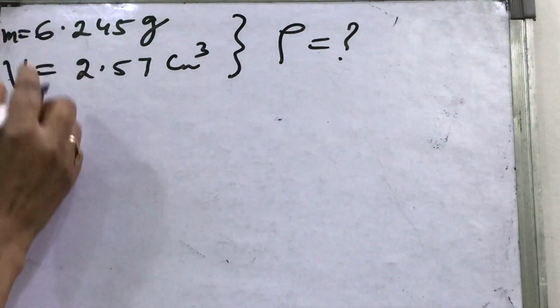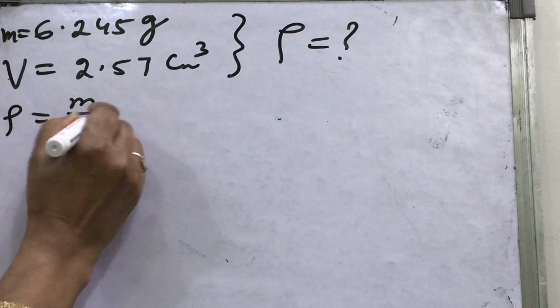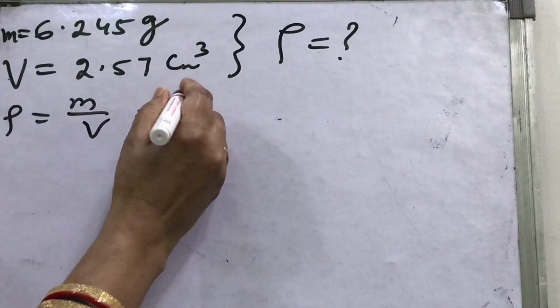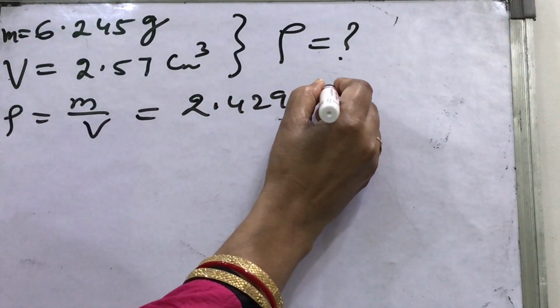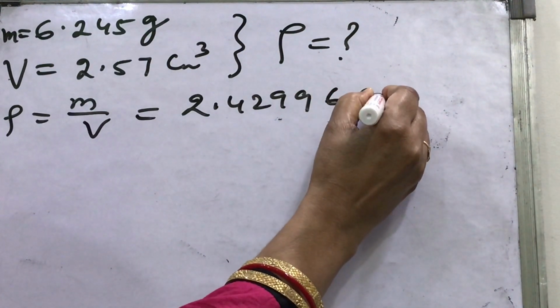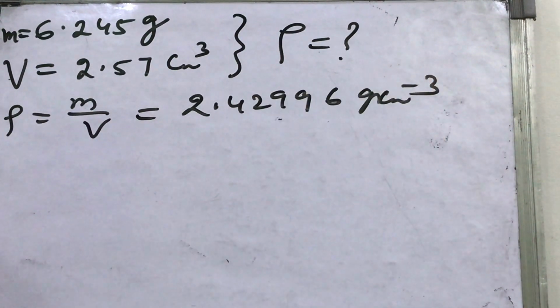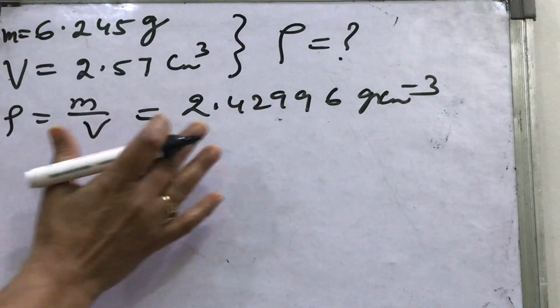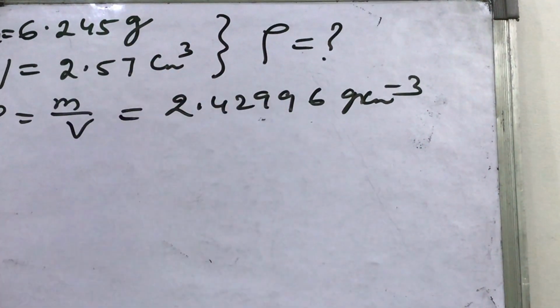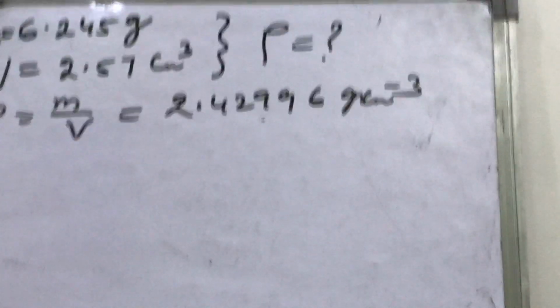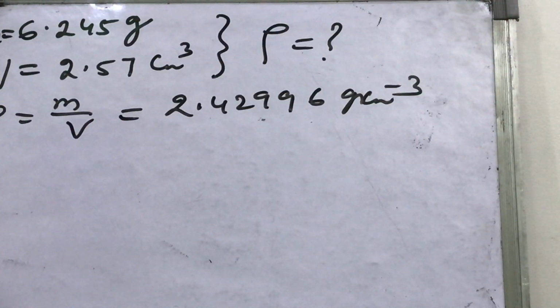You know, density is equal to mass upon volume, so it comes after division 2.42996, and write the density unit gram per centimeter cube. Till this you have divided correctly, but if you write this answer, you will not be awarded any marks. Why?